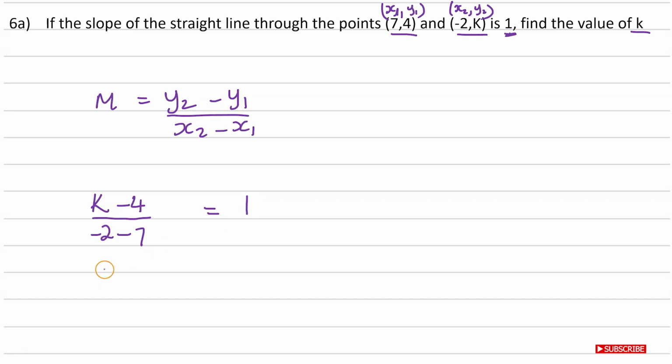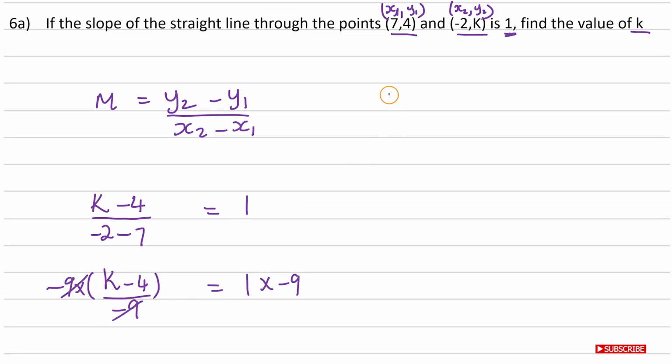So k take away 4 over negative 2 minus 7, that gives you negative 9, that's equal to 1. Now we need to get rid of this negative 9. At the moment there is division there, so we need to multiply both sides by negative 9 in order to get rid of it.